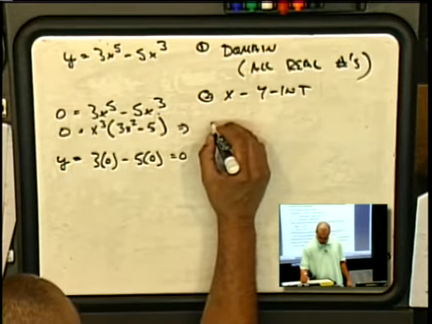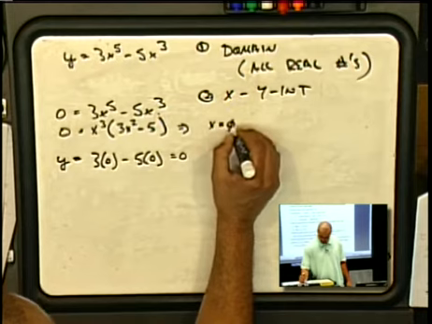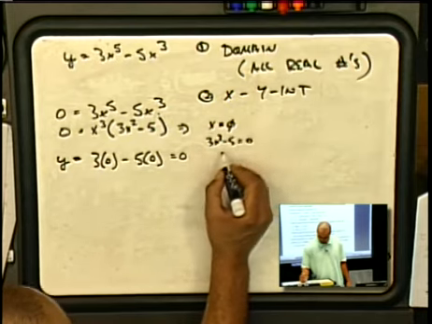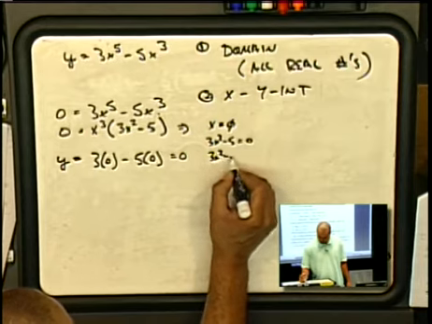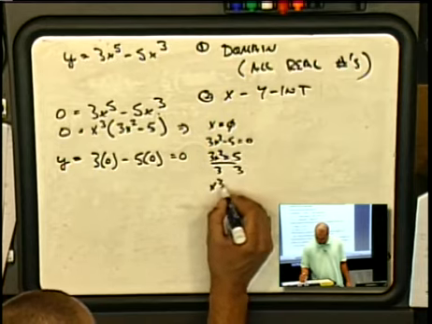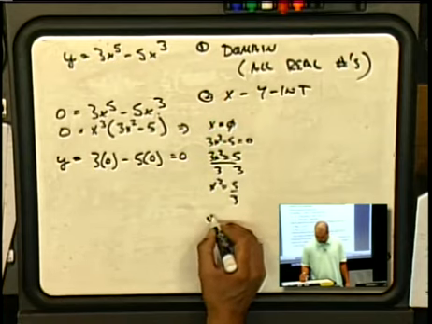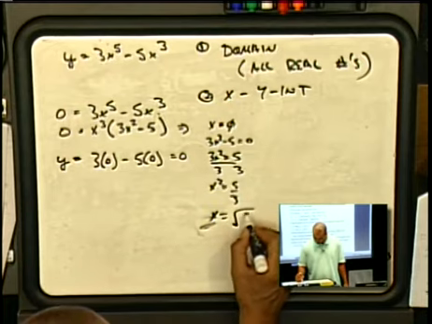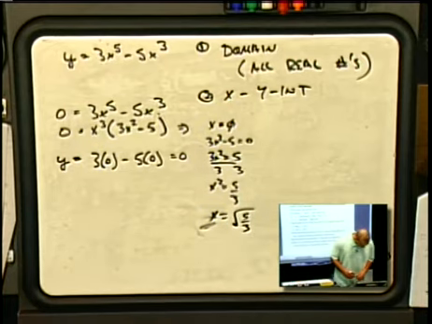So x equals 0, and 3x squared minus 5 equals 0. 3x squared equals 5, so x squared equals 5 over 3. x equals the square root of 5 over 3. I think that's right.